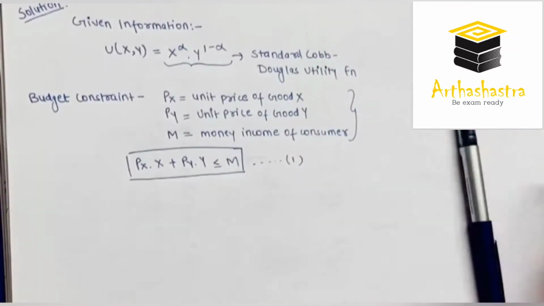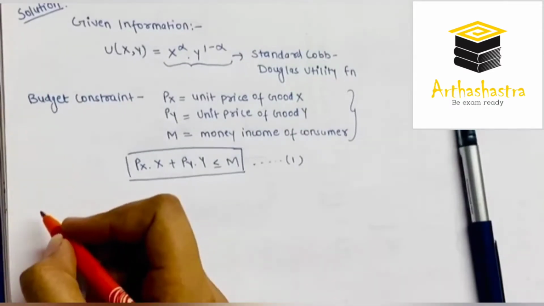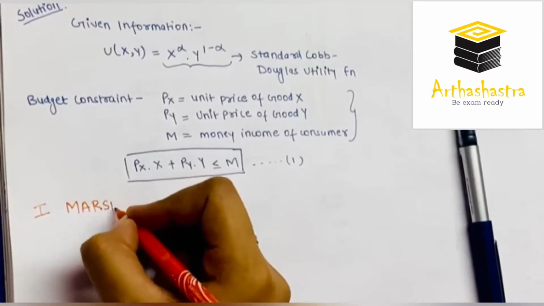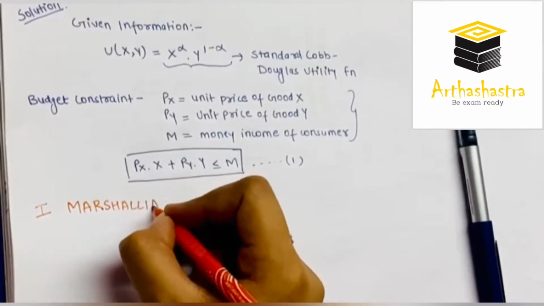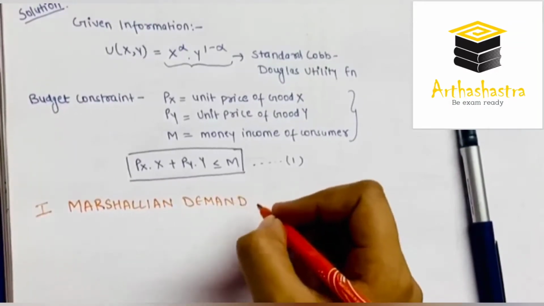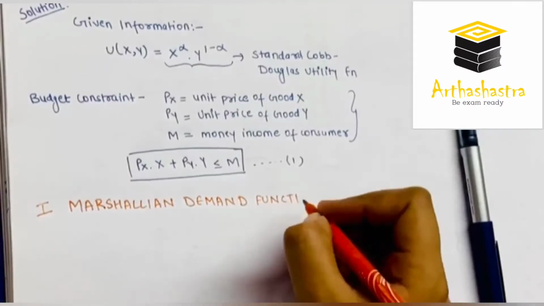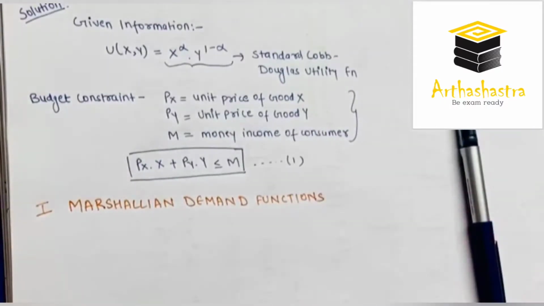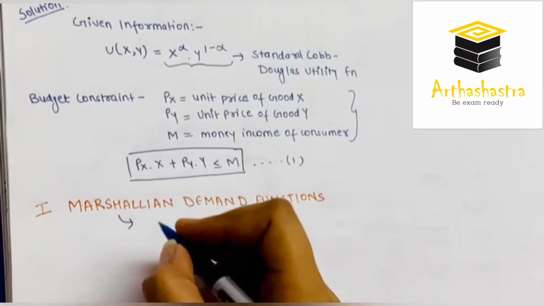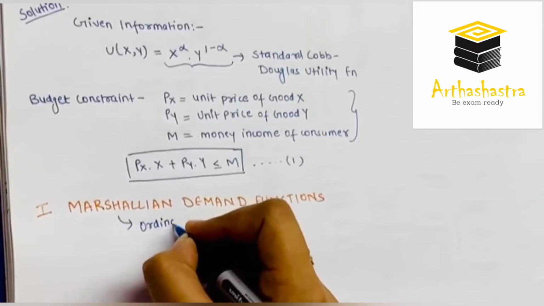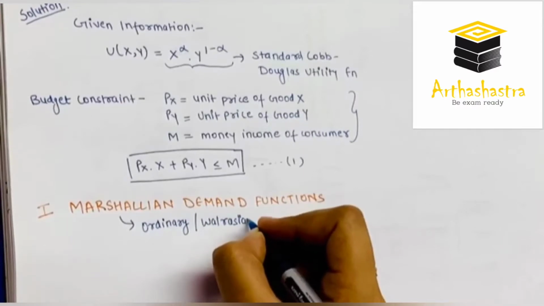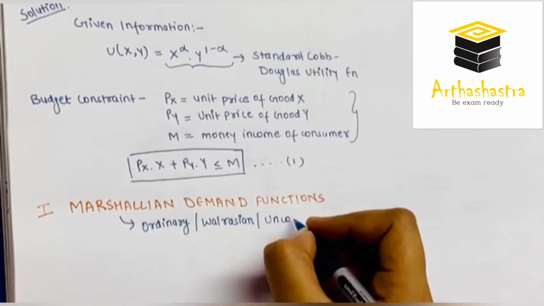Now let's see what we are asked to find out. In the first part we are asked to find the Marshallian demand functions for both the goods. The Marshallian demand functions are also known as ordinary demand functions or Walrasian demand functions or uncompensated demand functions.